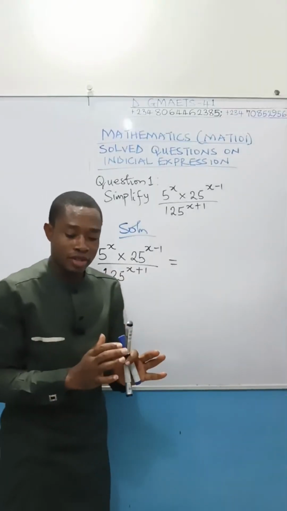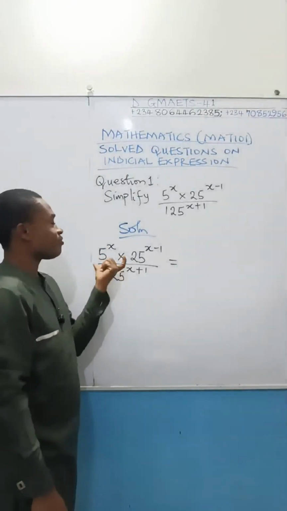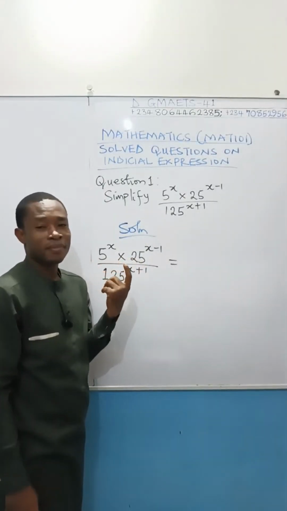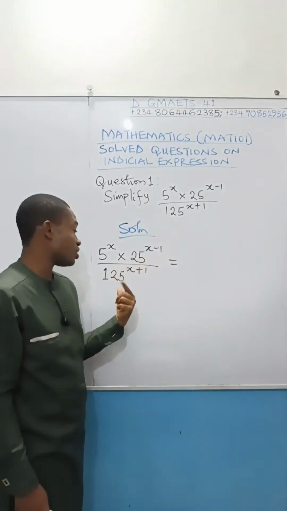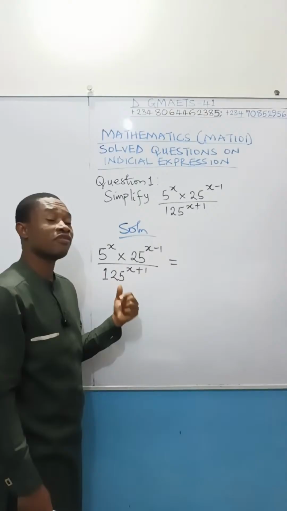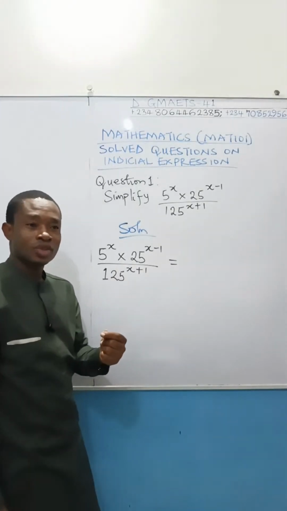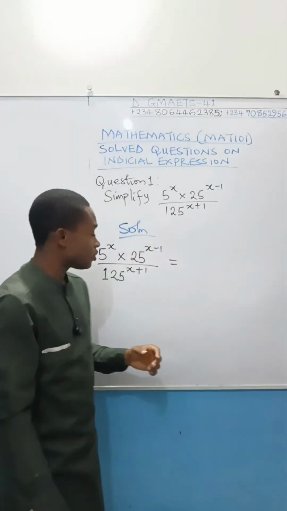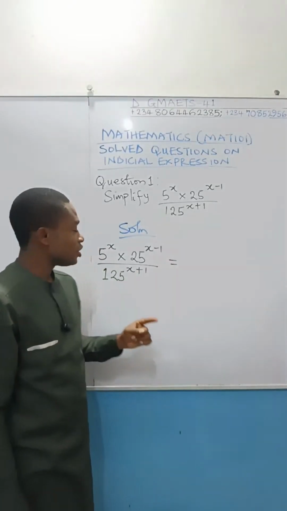So, by the general method, what we have to do is to observe this question and ask yourself, all these other numbers that you have, the bases 25, 125, can you break them down to have a base and a power? Very important.